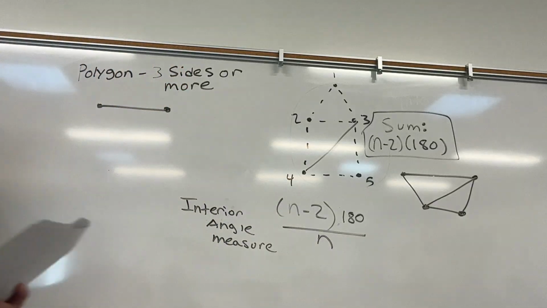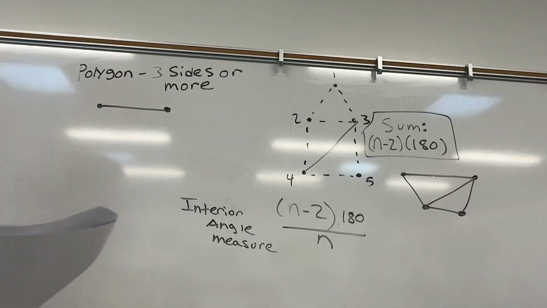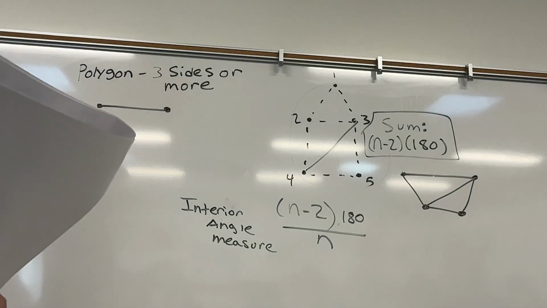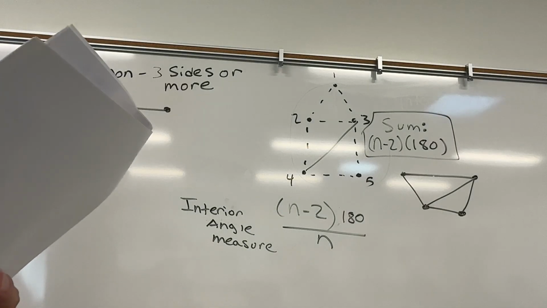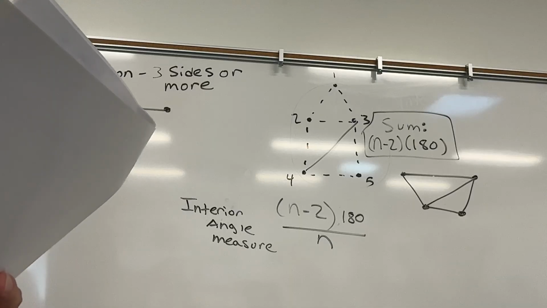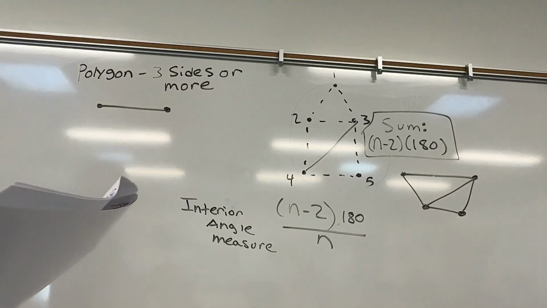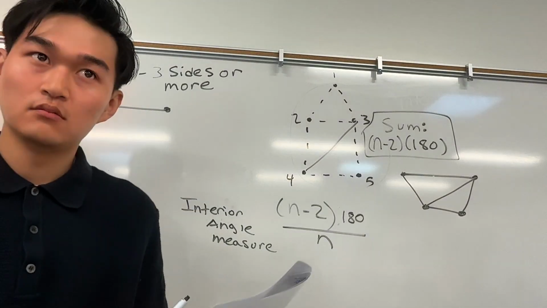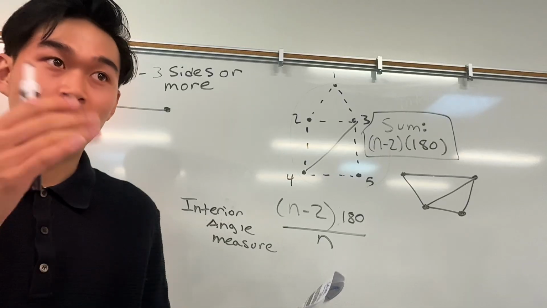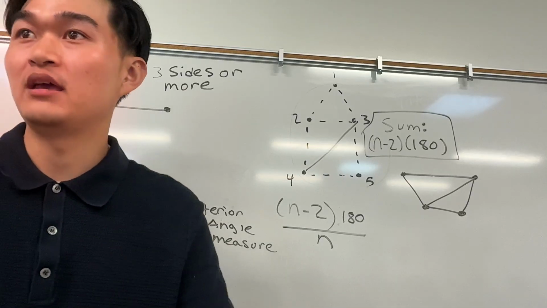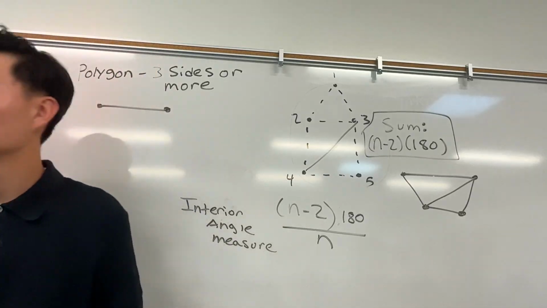And then number 3 says, what is the measure of each interior angle of a regular octagon? An octagon has 8 sides, so you divide the total sum by 8.